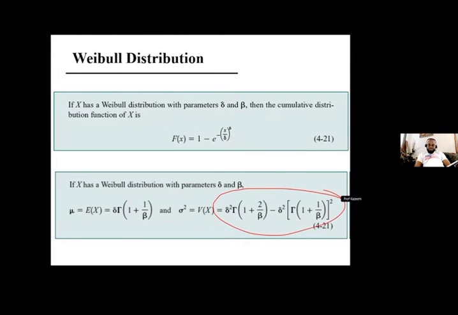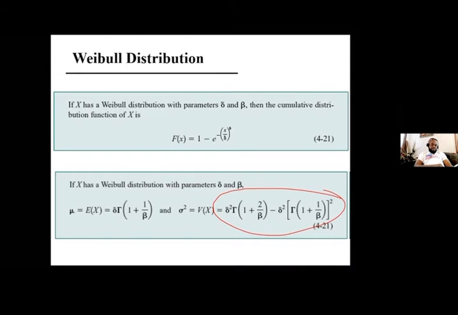You just plug in the values of those parameters and get the variance. Then you can take the square root of that to get the standard deviation, so that we'll know how reliable the mean is.